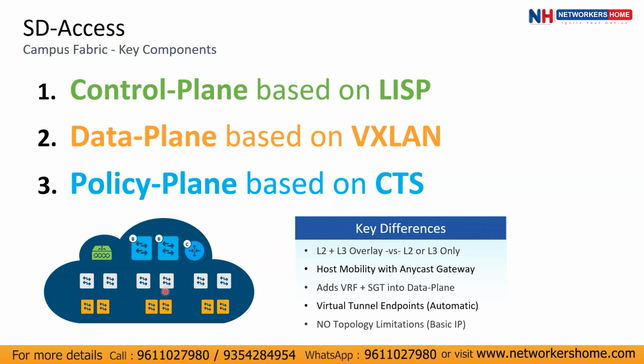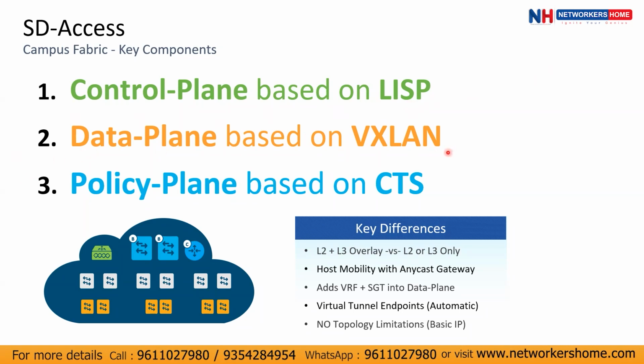And it makes the SPF computation high if we are using a single area. With multiple areas, it has its own complexity and challenges. But LISP is a kind of pull-based mechanism. Most routing protocols are push-based: they forward the updates and fill the routing table of other network nodes. But in LISP, if you want to get some information, you need to ask. Otherwise, it will not provide. So that's how LISP works on the control plane.